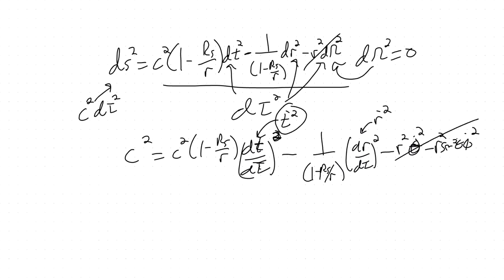What do you get? Pause it. You're now unpaused, and you should get that t dot squared equals 1 minus r dot squared over c squared (1 minus rs over r) squared. So that's an expression for t dot.